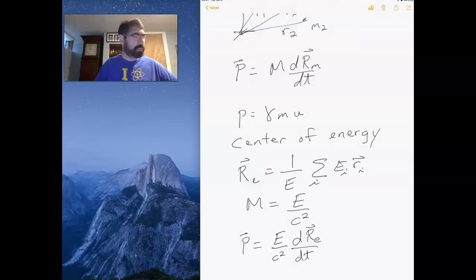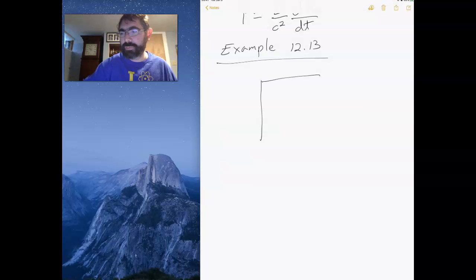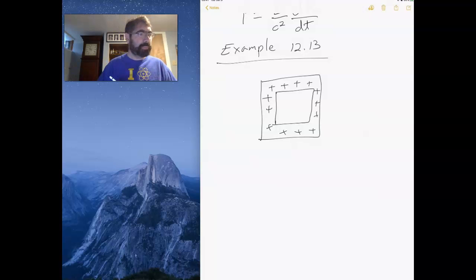What we could do now is take a look at another problem, example 12.13, and so here we have a coil which has positive charges moving around it, like so.